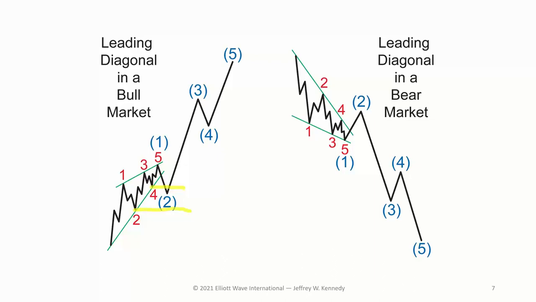So this distance between the extreme of wave four and the extreme of wave two is kind of the sweet spot to pick up a buy side trade in the direction of the primary trend. Whenever you see something like this, certainly at the end of, say, a very large three-wave move, pay attention. Absolutely.